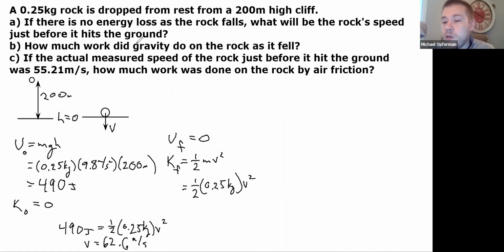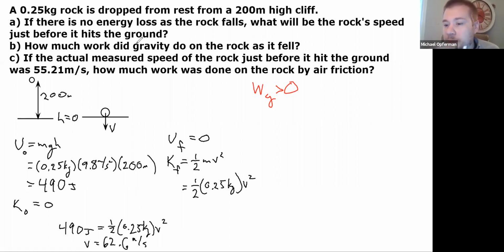And the answer is gravity was putting energy into the kinetic energy. So I'm anticipating that the work done by gravity should be positive. You can also check that with the force-based viewpoint. The gravitational force here is downward, and the displacement is also downward. So the force and the displacement are in the same direction, which also predicts that you'll get a positive work done. Okay, so I'm expecting a positive answer.